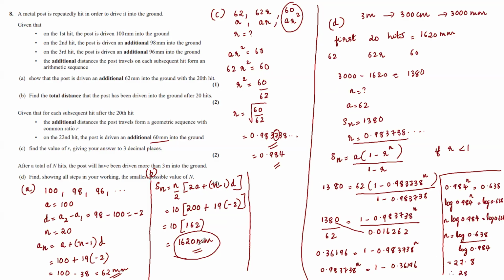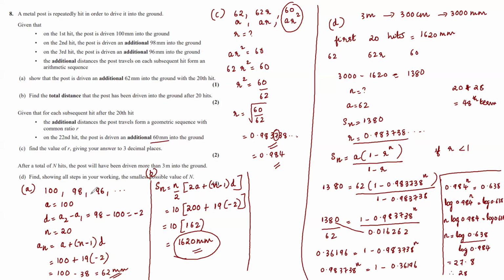Now, the first 20 terms are from the arithmetic sequence, and then the remaining 28 terms are from the geometric sequence. So 20 plus 28, the 48th term will exceed 3 meter, or 3000 millimeter.